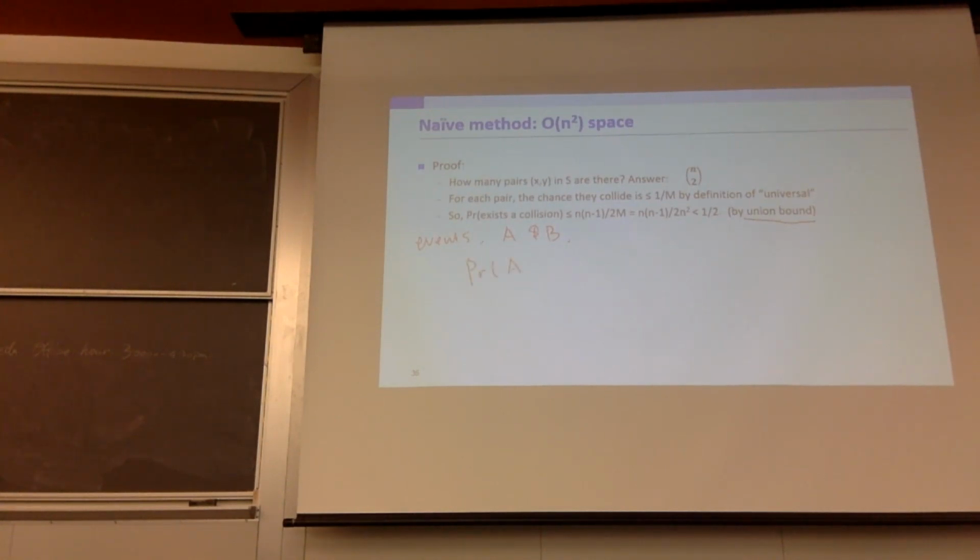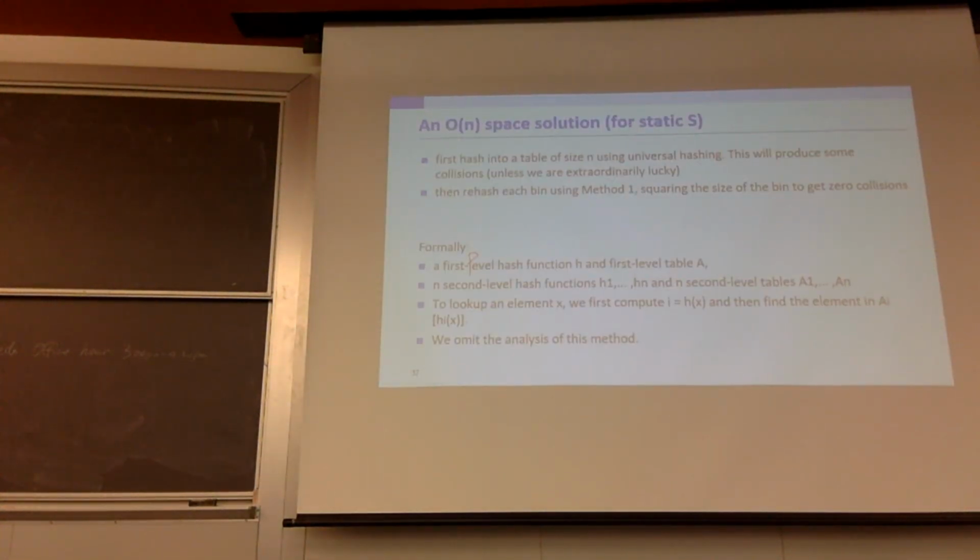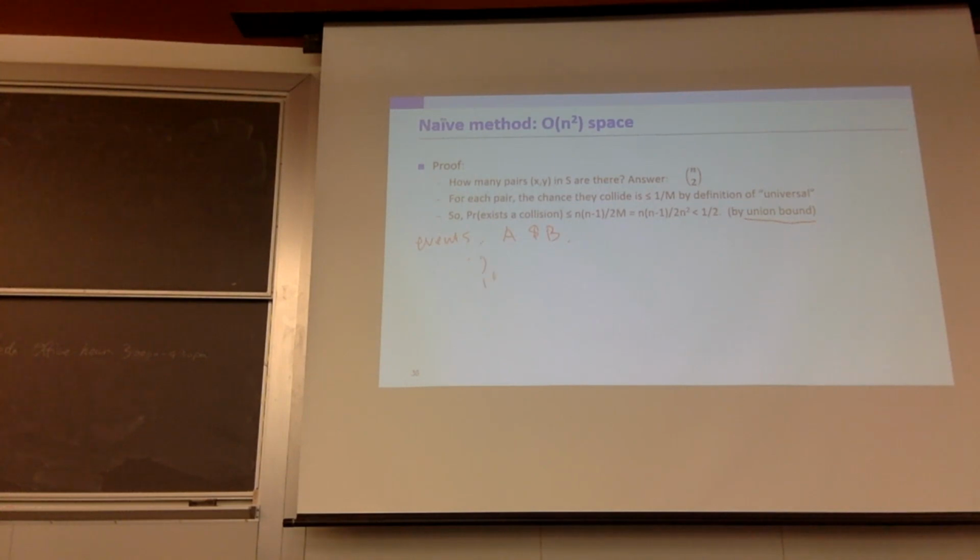the probability that A happens or B happens is going to be smaller than or equal to the probability of A plus the probability of B. This is very easy to understand.